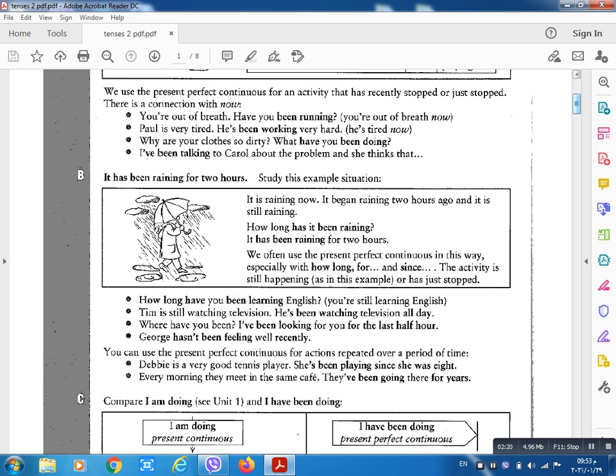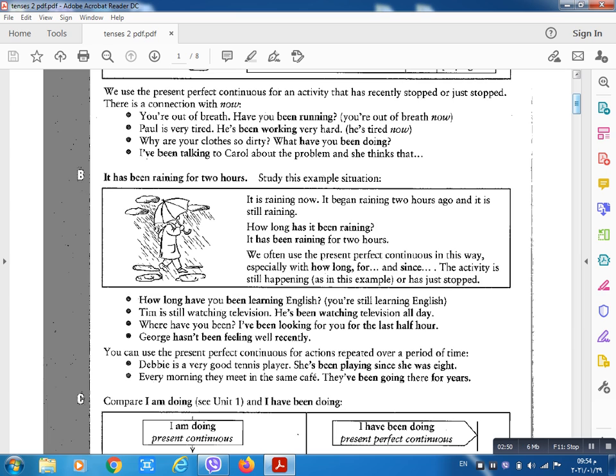But the most important thing, dear students, is to understand that with the present perfect continuous we talk about an activity regardless of whether this activity has ended or finished or not. The important thing is that I am focusing on this activity, that it has been happening.